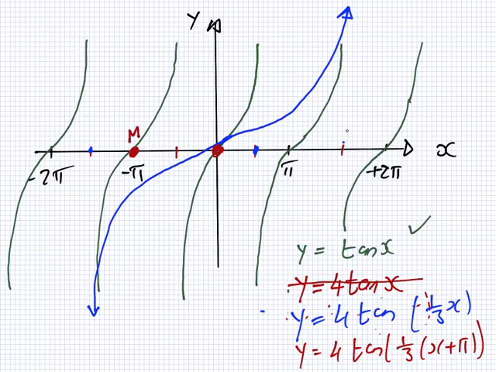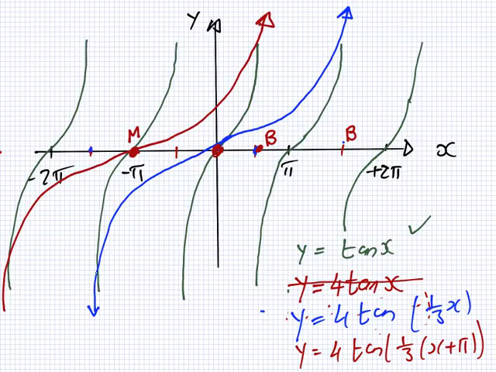And then the break, instead of being here, we have to move it pi, so that will be here where it breaks. So instead of breaking here, it'll break somewhere out here. So the graph now looks like this.